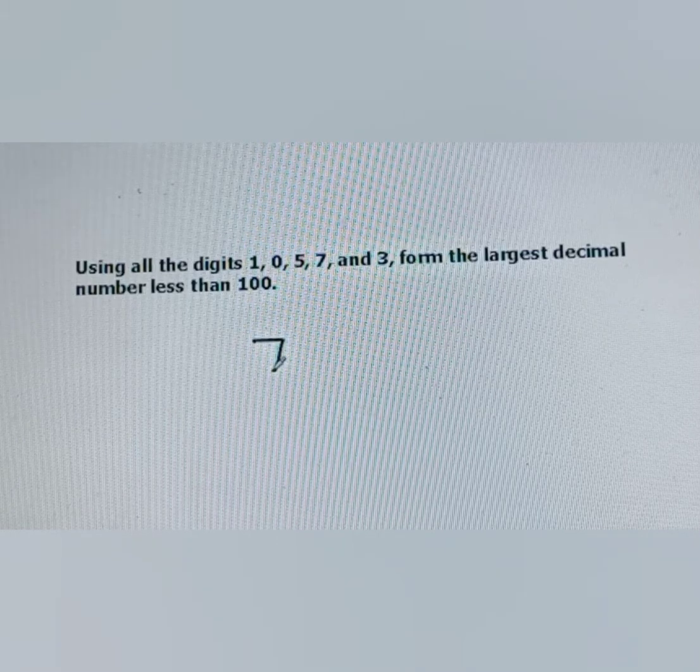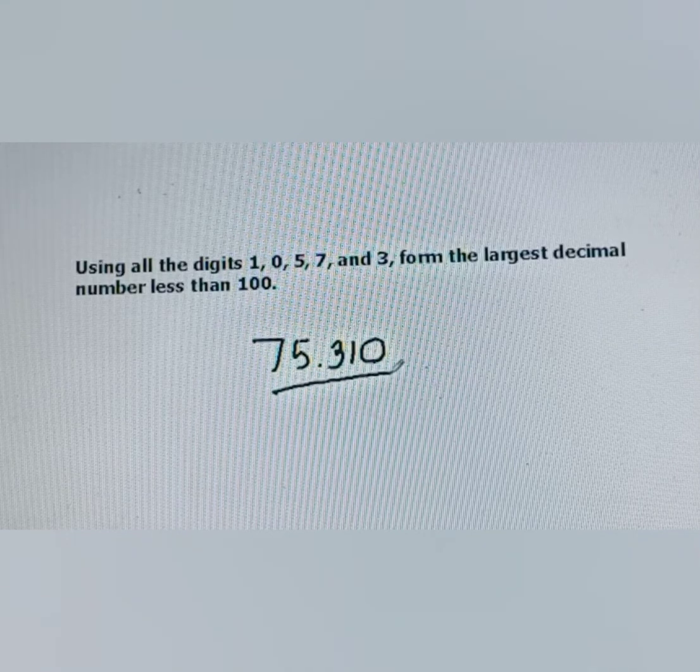So let's write 75 here. Then decimal point. Since we're looking for the largest, the next largest digit there is 3. And followed by 1. Then 0 here. There. So the answer is 75.310.